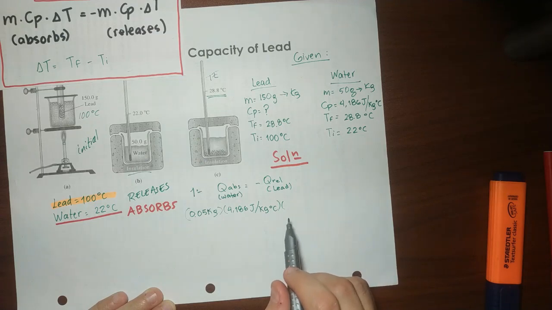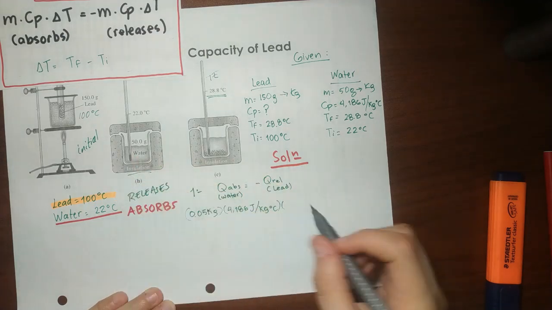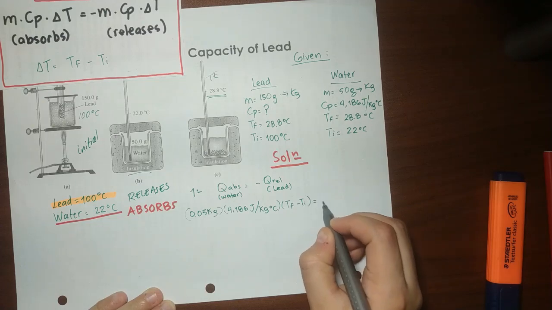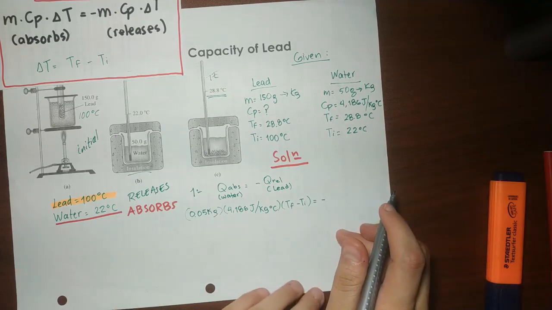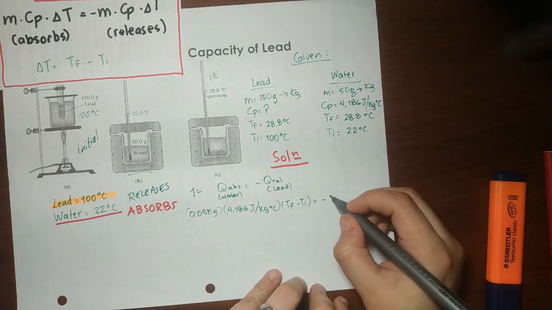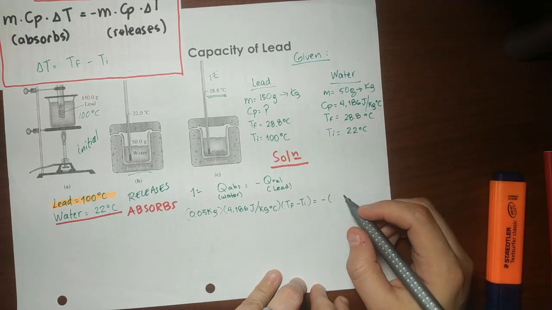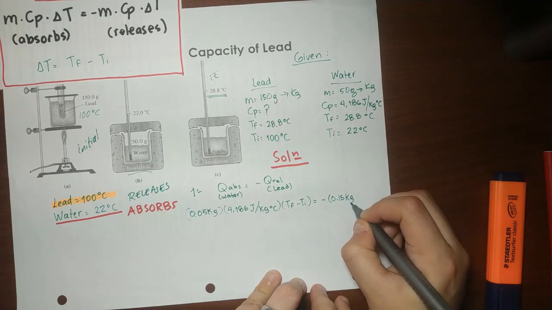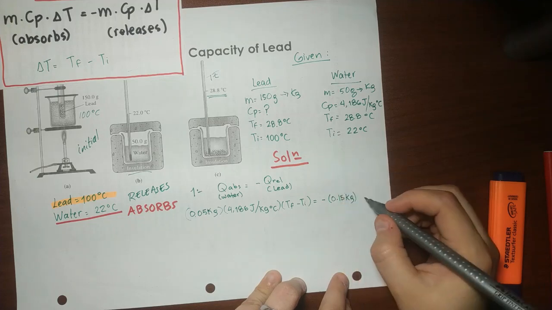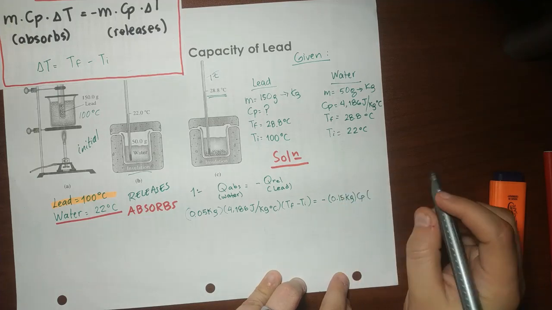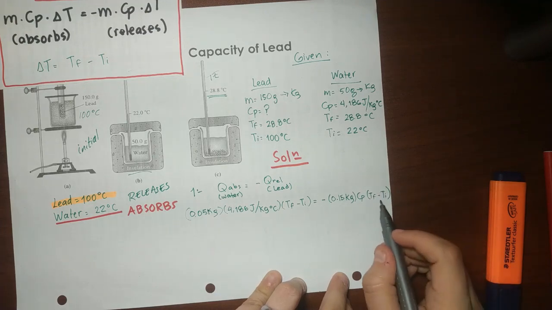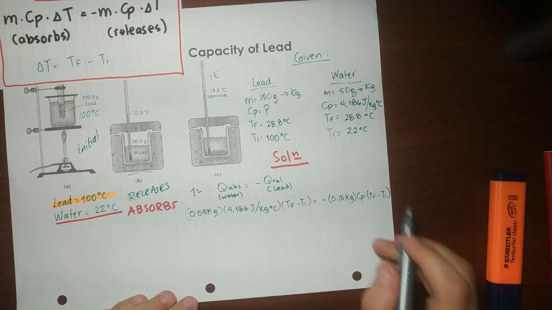And I have here my change in temperature, that is final minus initial. This is equal to negative lead, that is 150 grams in kilograms is 0.15 kilogram. The specific heat capacity, that is what we want to know, and the change in temperature, that is final minus initial. But this is for lead, okay?